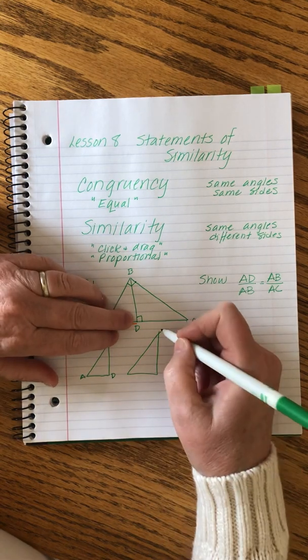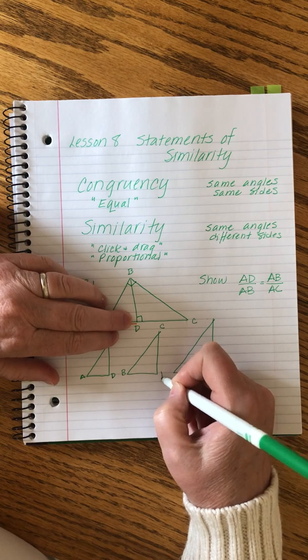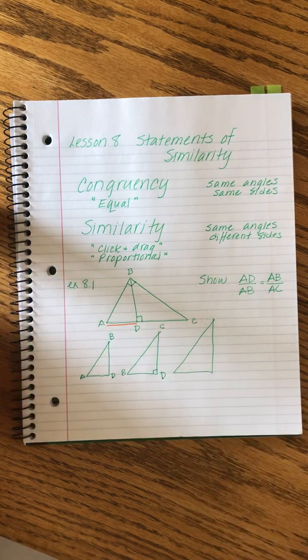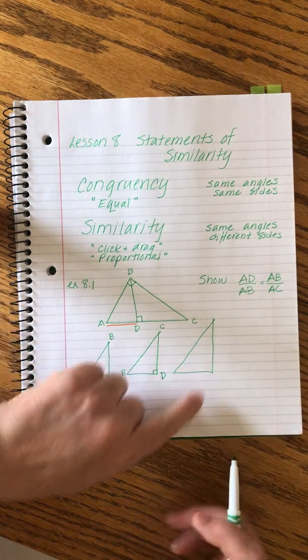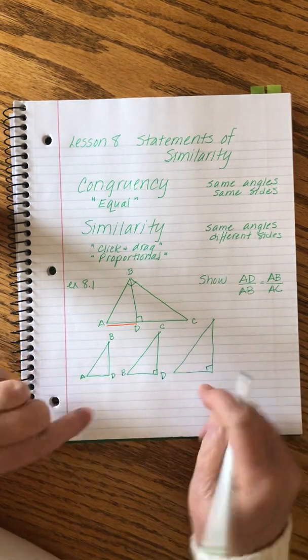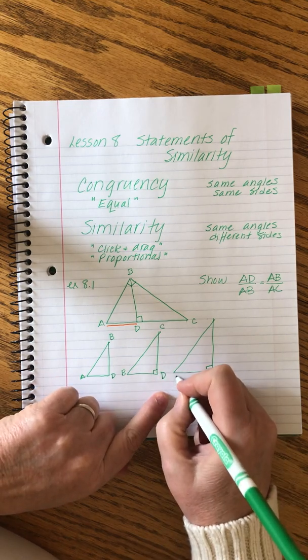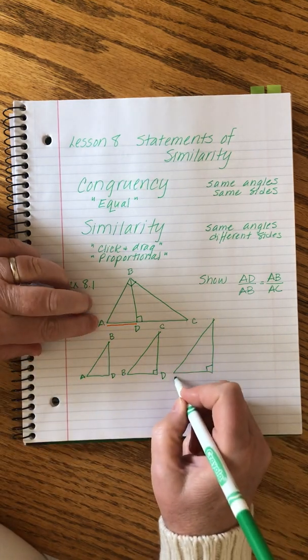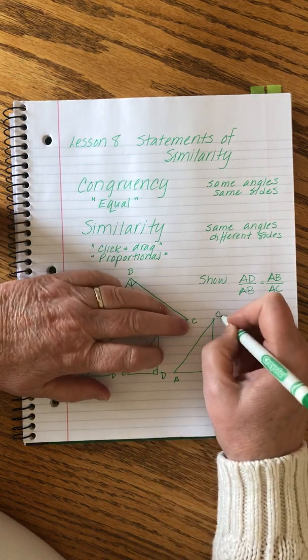Medium guy, let's see, C is at the top, B is at the short end, D is at the right angle, right? We take it and go like that. And then this big one, the short leg is A, B is at the corner, C is at the top.